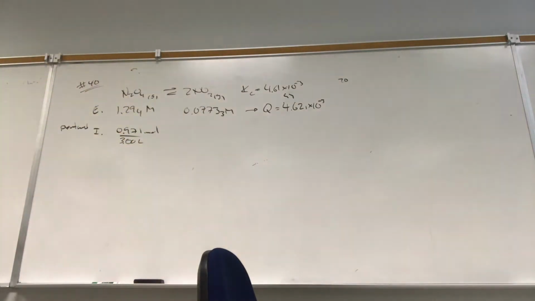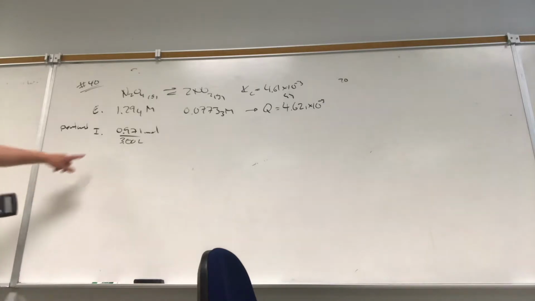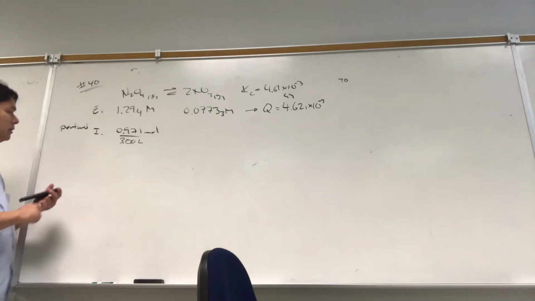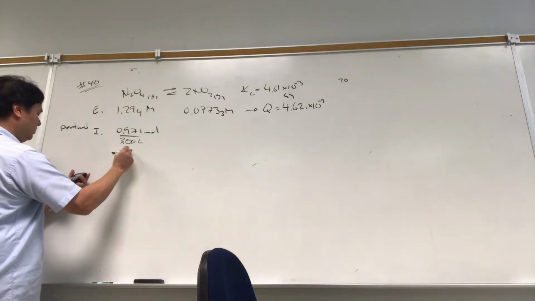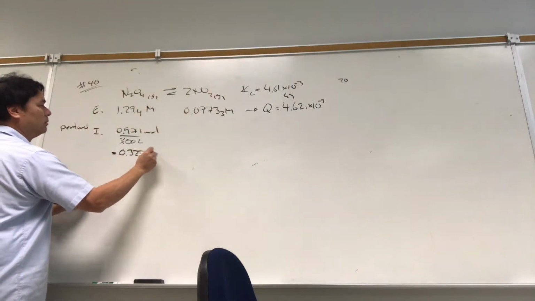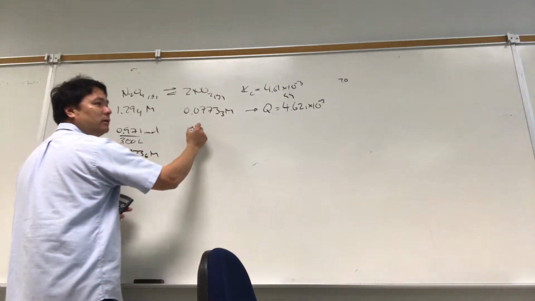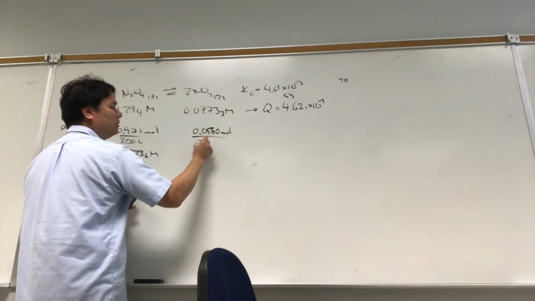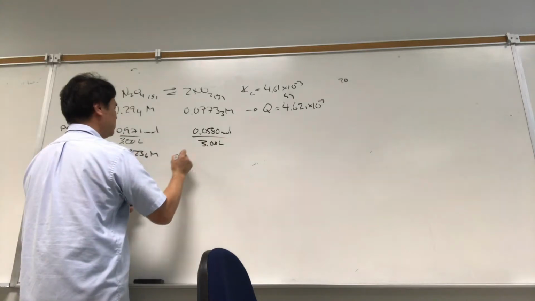And so the new molarity, the new initial molarity is 0.971 divided by 3, which gives me 0.3236 molar. Okay, and then over here I have 0.0580 moles over the new volume, 3.00 liters.